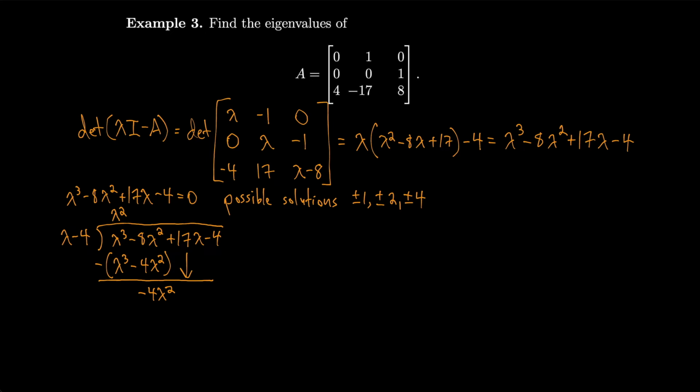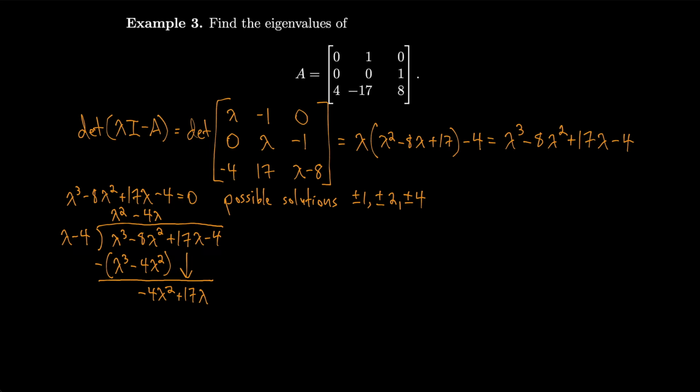I bring down the 17 lambda, and lambda minus 4 fits into this thing minus 4 lambda times, right? Lambda fits in the minus 4 lambda squared minus 4 lambda times.